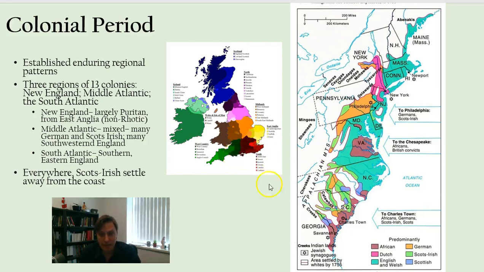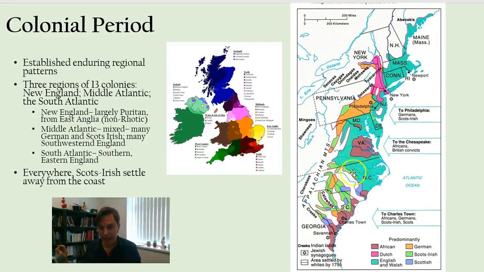So in New England, which is largely Puritan settlers from East Anglia, that's this region over here, they spoke a non-rhotic form of English, which means they dropped R's off the end of the word. So if you park your car by the harbor, that sort of famous Boston accent, they were carrying over a speech pattern that goes all the way back to England.